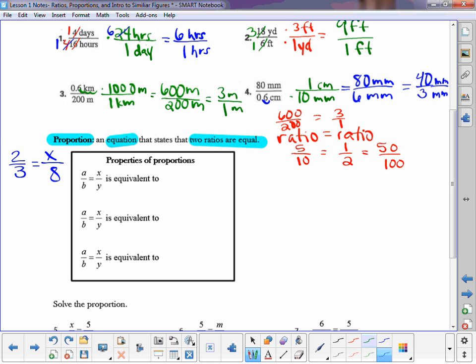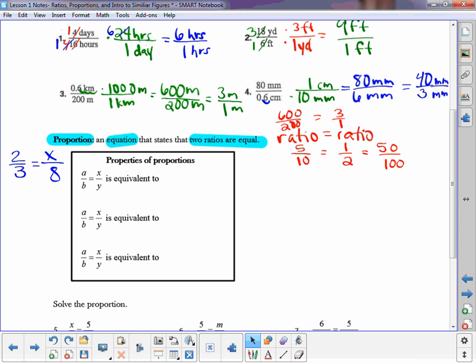So we're going to first investigate our properties of proportions, because this can help us in solving our proportions as we deal with triangles. So first of all, in this example here, how would I solve for x? What would you guys do? Cross multiply. Now I want to make sure we are all very clear on what cross multiplying is.